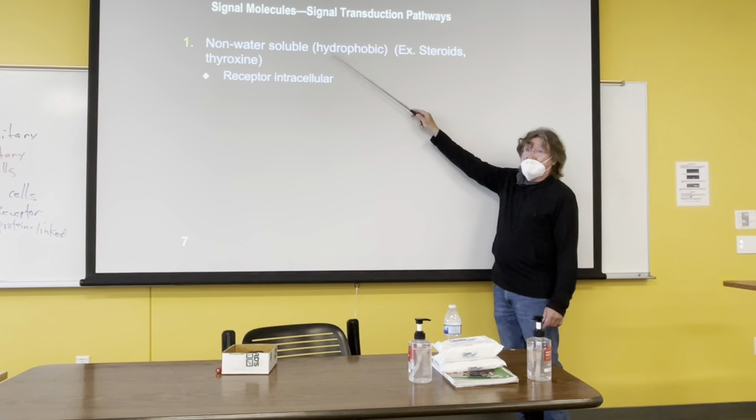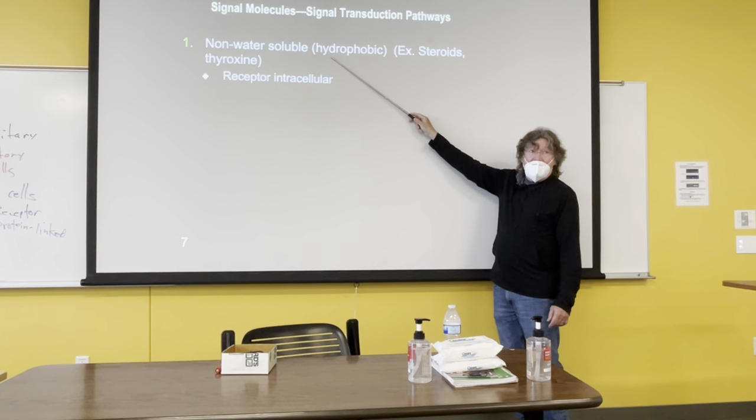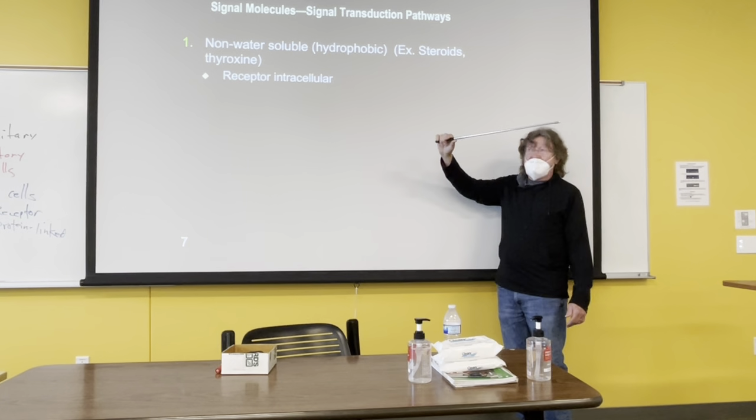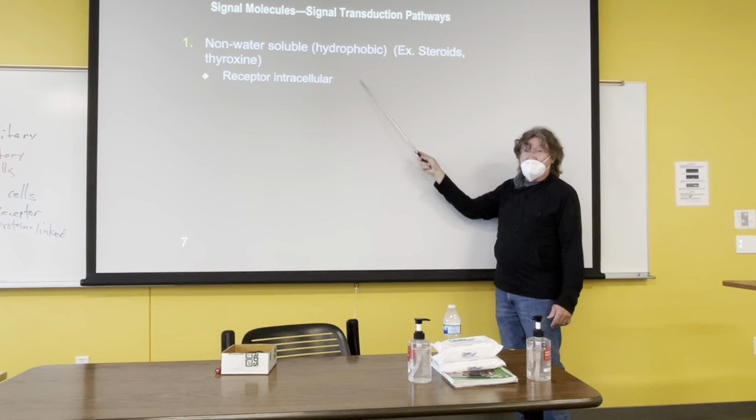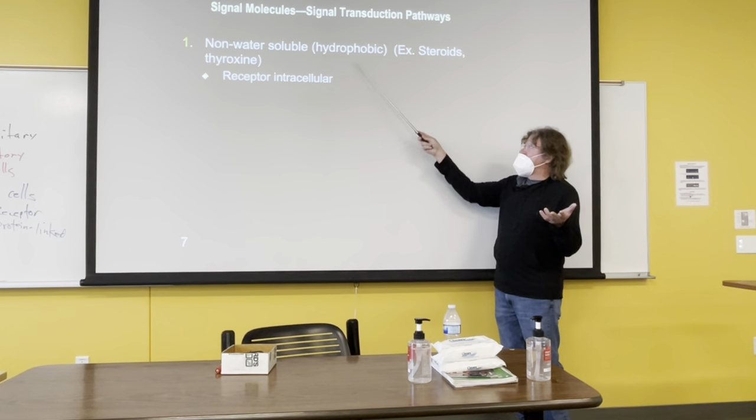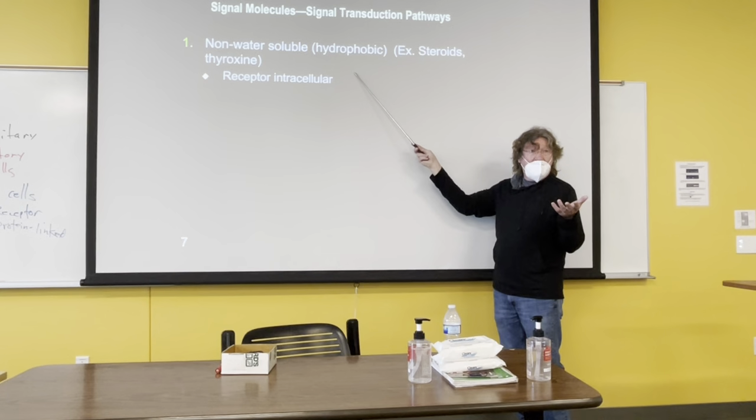And usually these are delivered through the blood by escort proteins. And so they're attached to proteins to make them soluble. There's a small amount of the hormone that is soluble itself just in the blood. But as that hormone moves into the cell, then that leads to a change of concentration of the soluble hormone such that more hormones come off of the escort proteins to maintain a constant level.